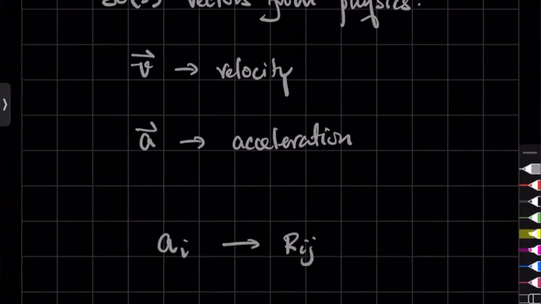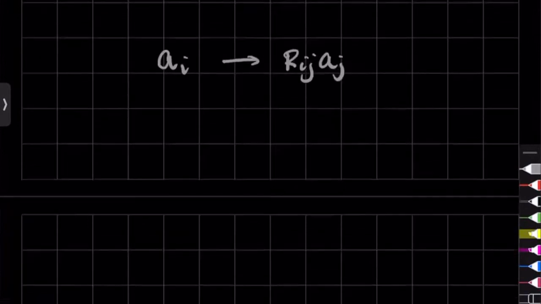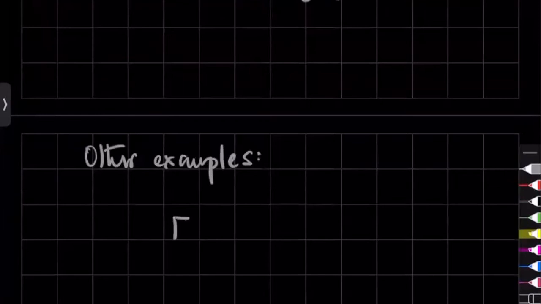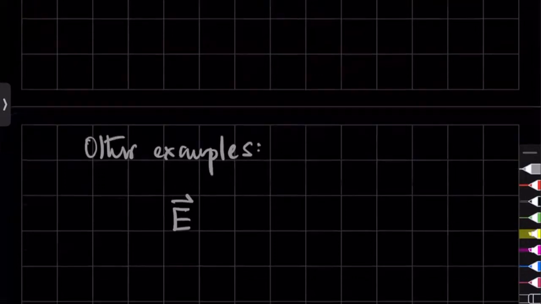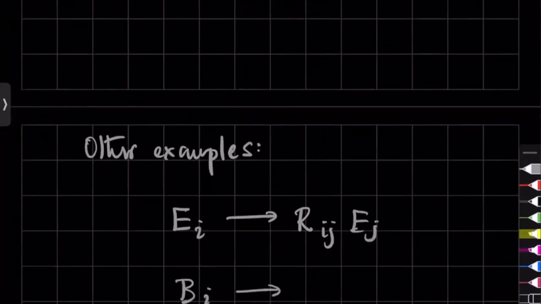It changes up to a rotation matrix. Other examples: if I go to electromagnetism and take the electric field E_i, under an SO3 rotation it goes to R_ij E_j. And B is also an SO3 vector.